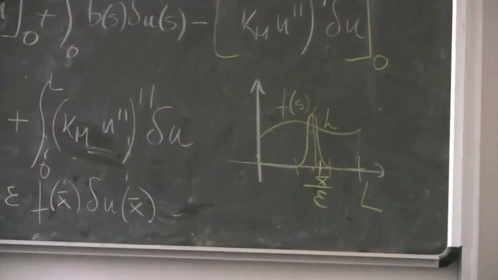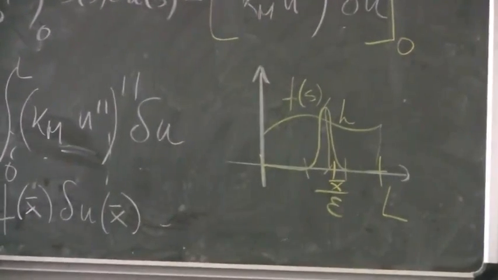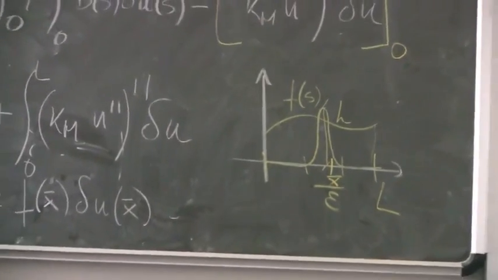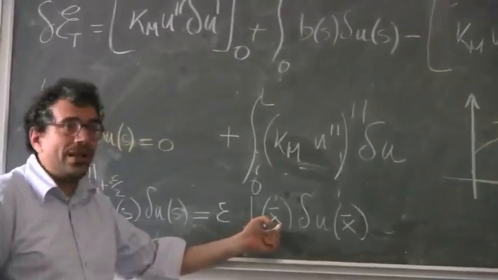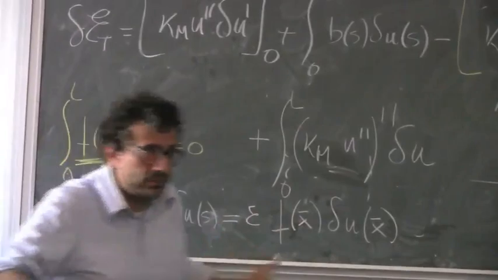Then, when epsilon tends to 0, f of x bar is tending to f of x0.